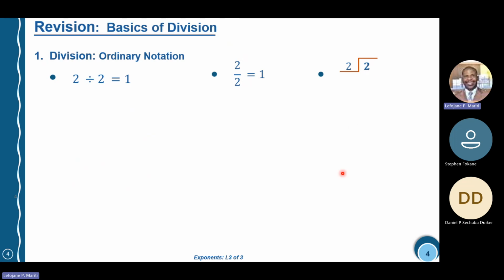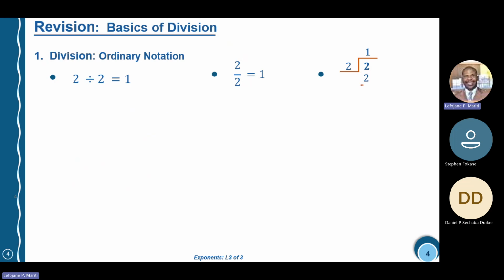And the way we do this would be, we say 2 divides into 2 how many times? The answer we must indicate here on top as the quotient, which will be, we know that when 2 is divided by 2, we get 1. Once we have the 1, you must multiply 2, this one is the answer, by 2, so that you end up with a 2 right beneath the dividend.